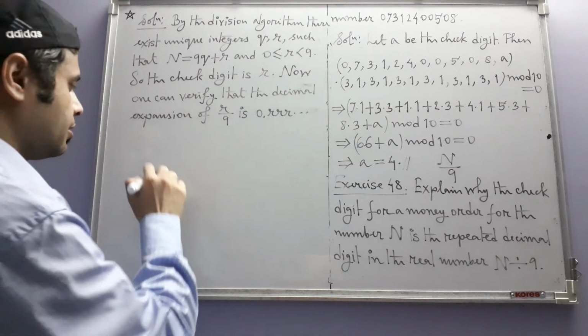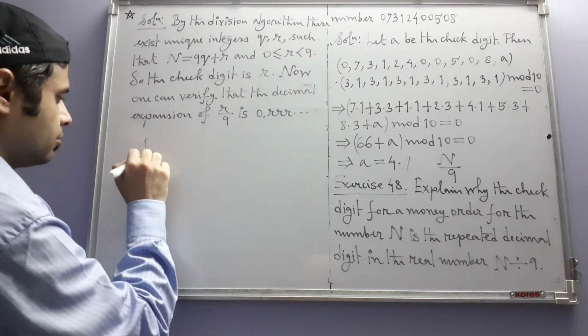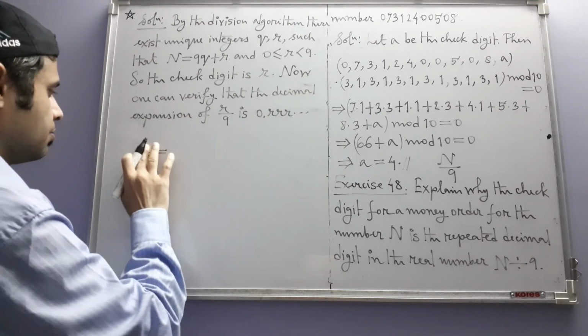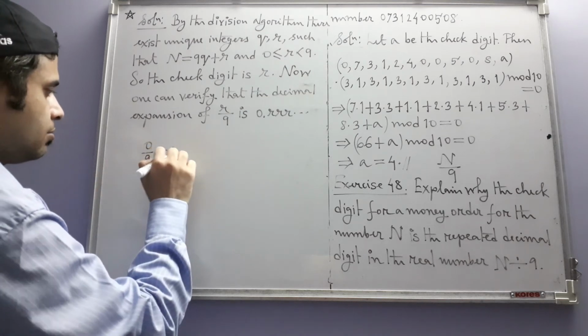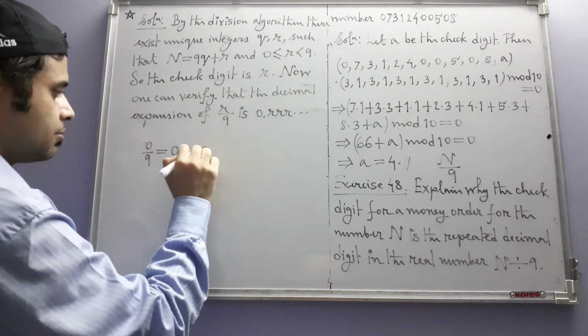There are only finitely many choices. You just verify them one by one.